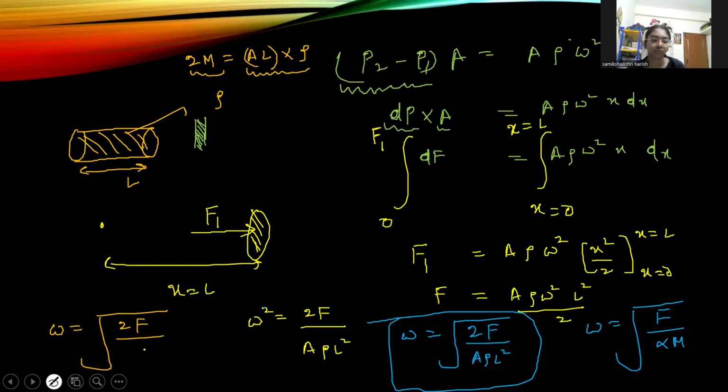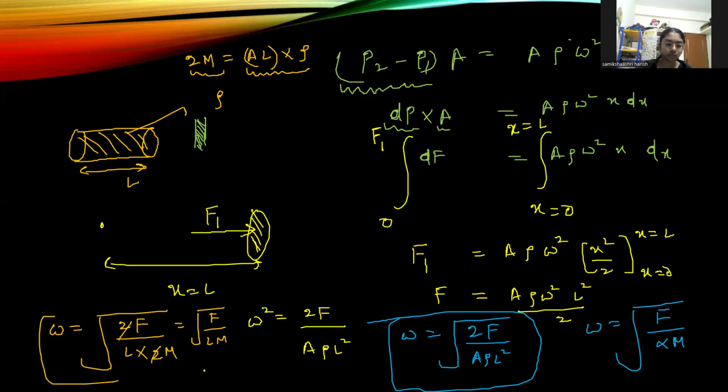What is A rho L? That is 2m. The m cancels, so that will be F by L m. Any doubt? Understood now. So if you compare, then alpha will be what?